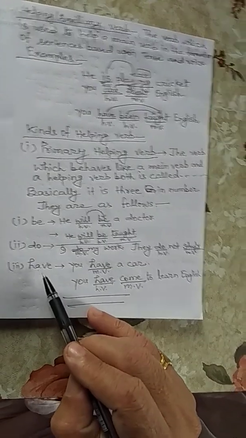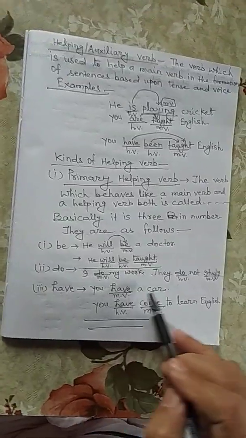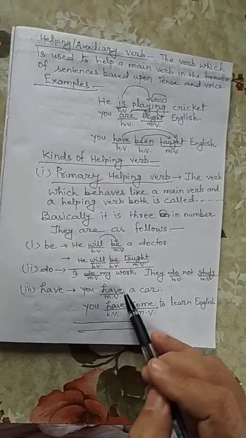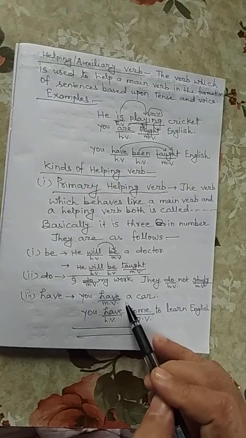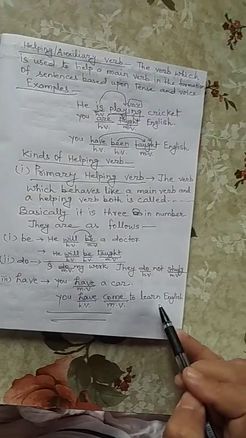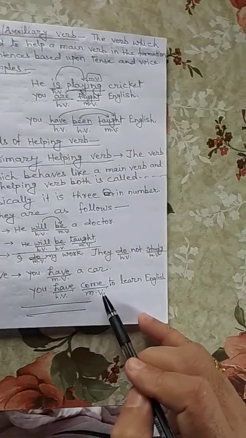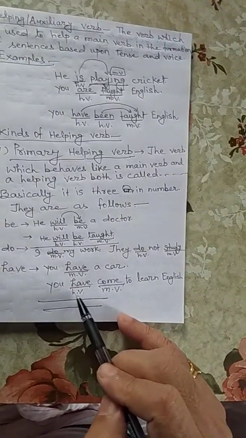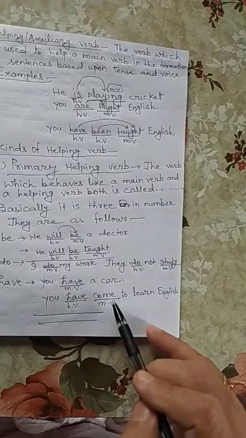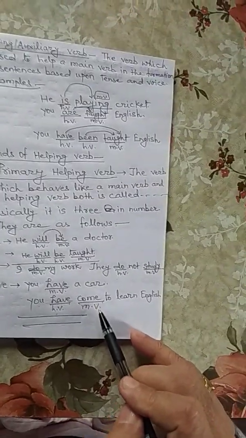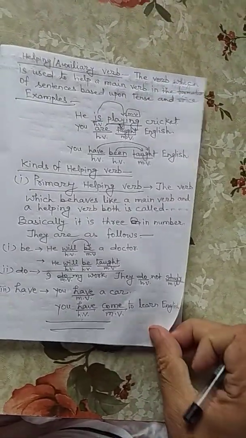In the same way, have. You have a car. In this sentence, have is the main verb. And you have come to learn English. In this sentence, there are two verbs. First one have, second one come. So we can say have is the helping verb and come is the main verb.